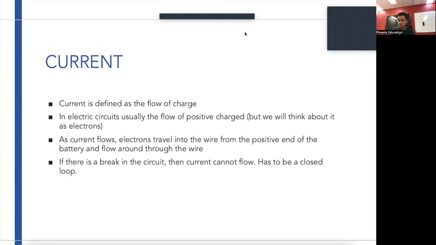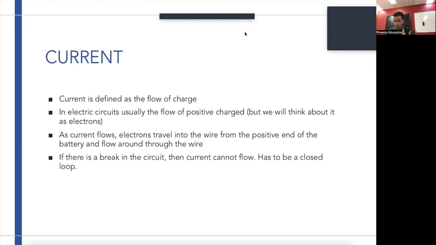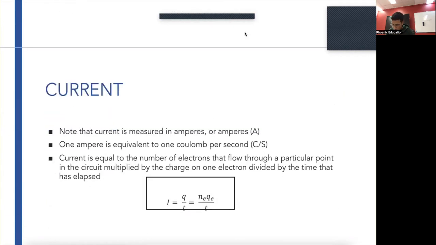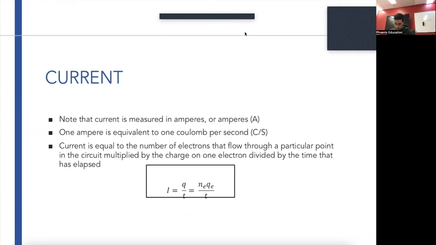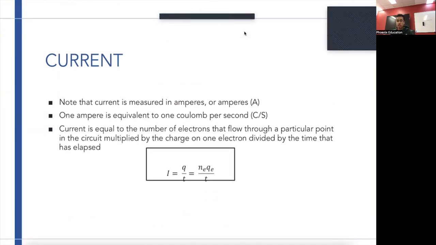And current can only form when there's no break in the circuit. The circuit has to be fully formed for current to flow, or for electrons to flow. The formula for current is given by the amount of charge that passes through a certain point in the material in a certain amount of time. So I equals Q over T.